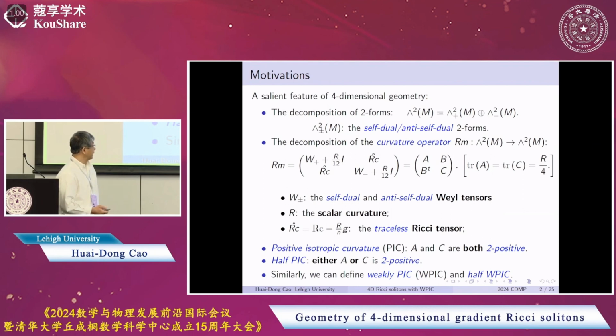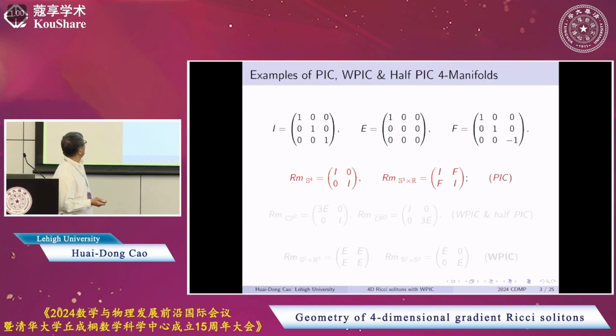So A and C are weakly two-positive, and you get half W PIC or W PIC. All right. So the standard examples are S4 and S3 cross R, which are PIC.